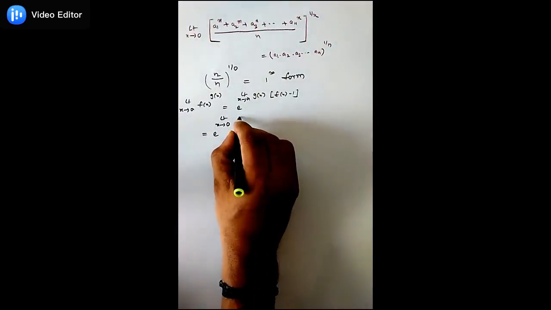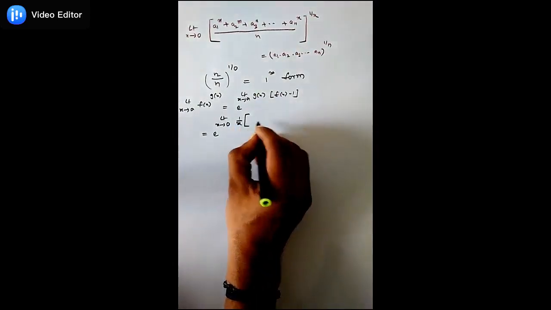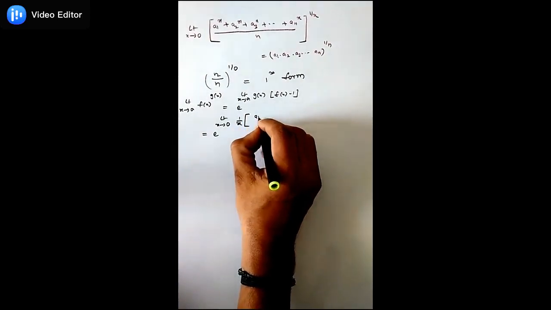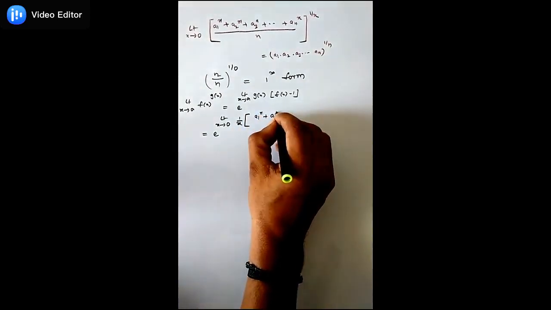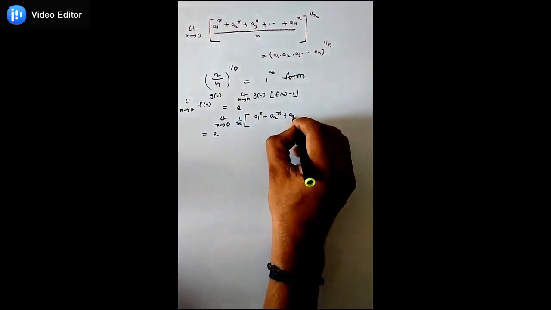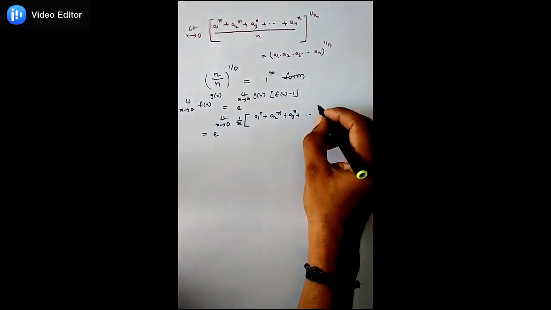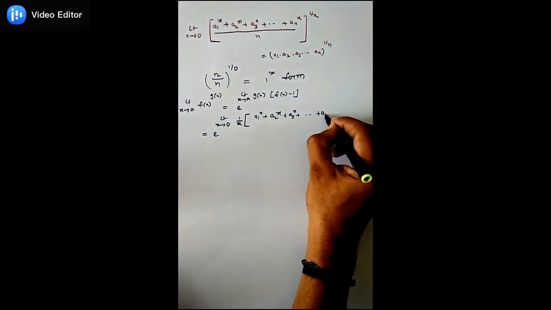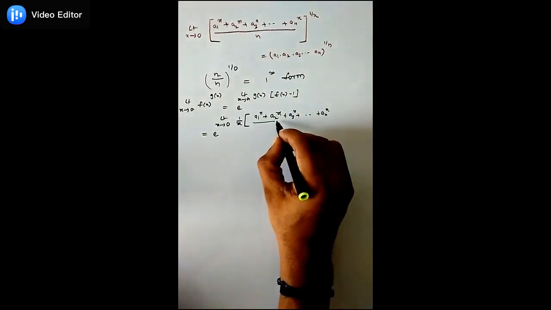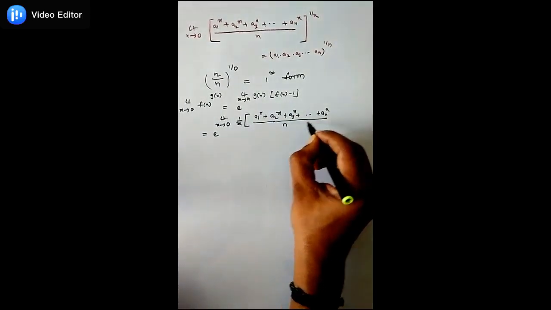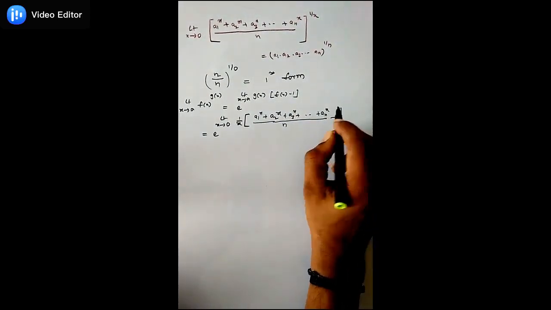g of x means 1 by x, into f of x, which is a1 power x plus a2 power x plus a3 power x and so on plus an power x, by n. We have minus 1 in the formula.